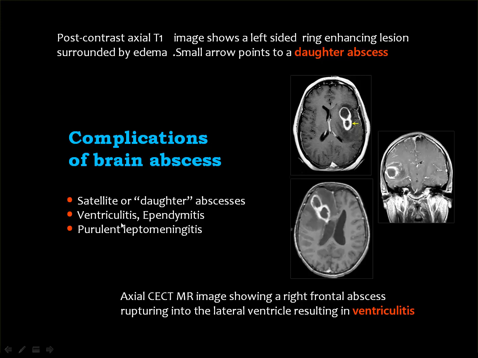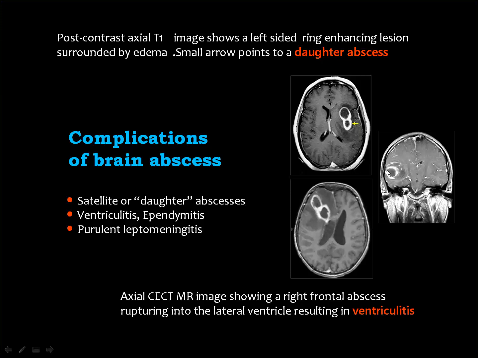Number two, extension to the ventricle, resulting in ventriculitis. And you may be able to appreciate that the ventricular wall is enhancing, and the fluid inside the ventricle is not similar to the CSF, because it is pus. This fluid is turbid due to inflammation.